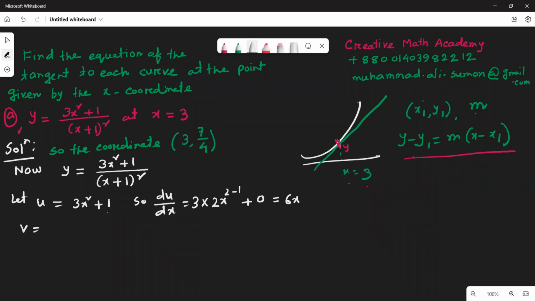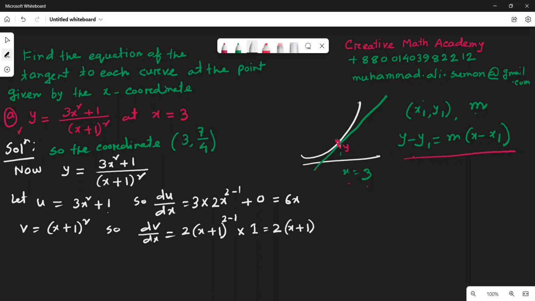And v equals (x plus 1) squared. So dv by dx equals 2(x plus 1) to the power 2 minus 1, multiplied by the derivative of x plus 1, which is 1. So finally we get 2(x plus 1).